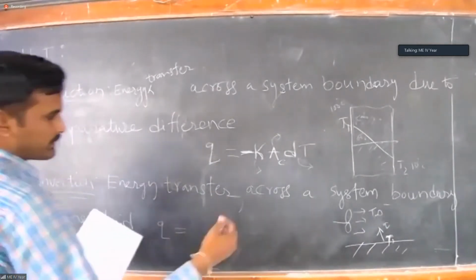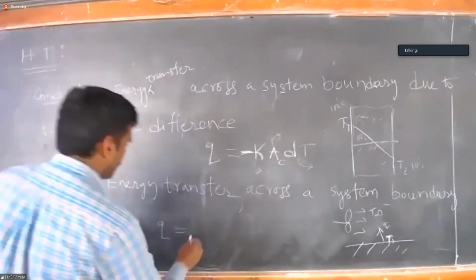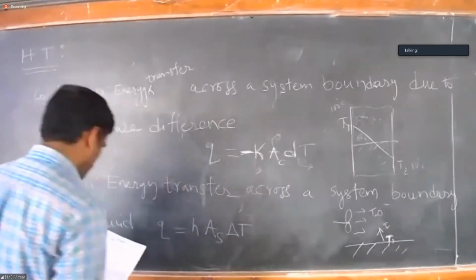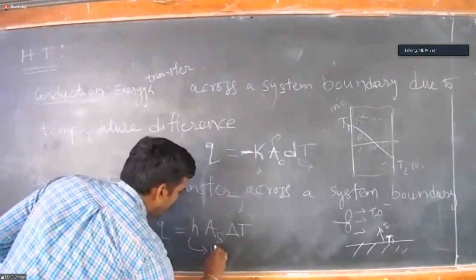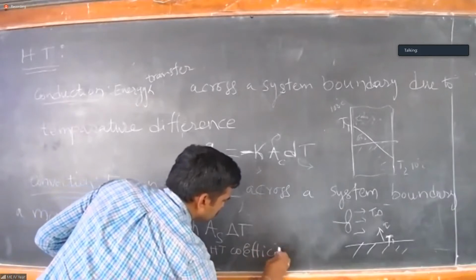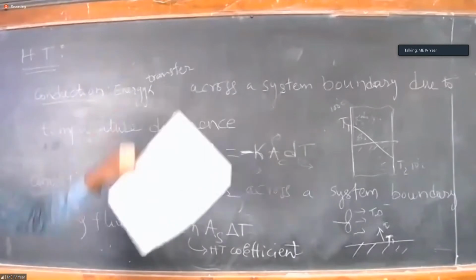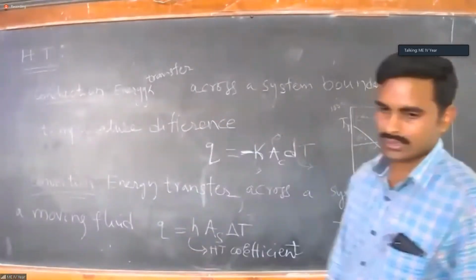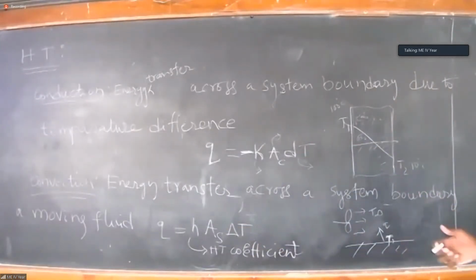How much energy is transferred, we write as Q equals h A delta T. Here h is the heat transfer coefficient. And this h, unlike k, is not a thermodynamic property of the system.